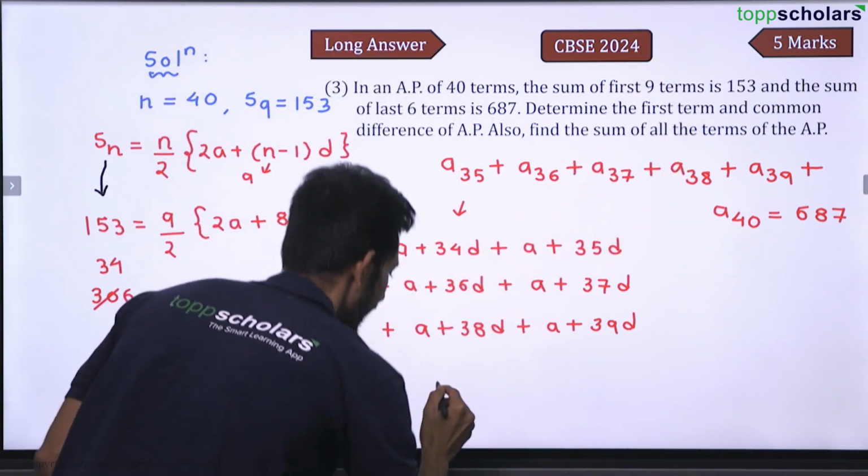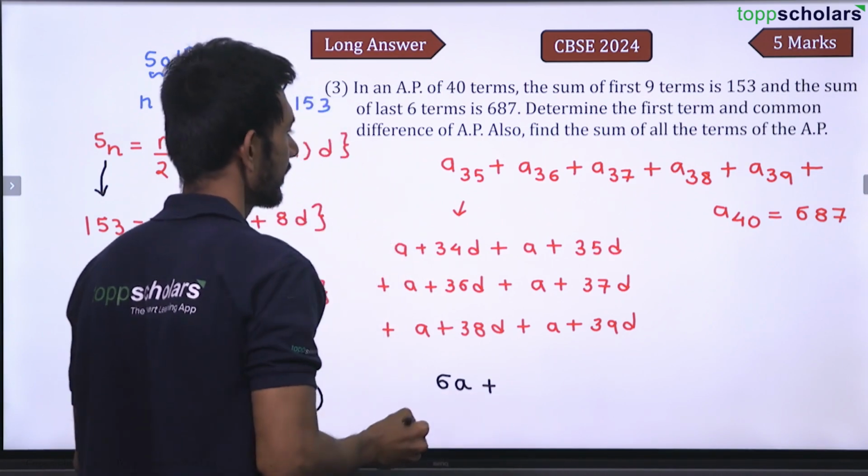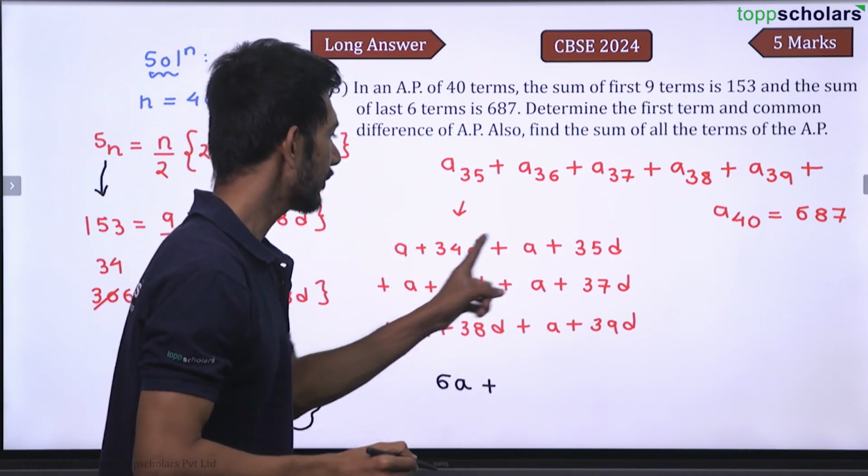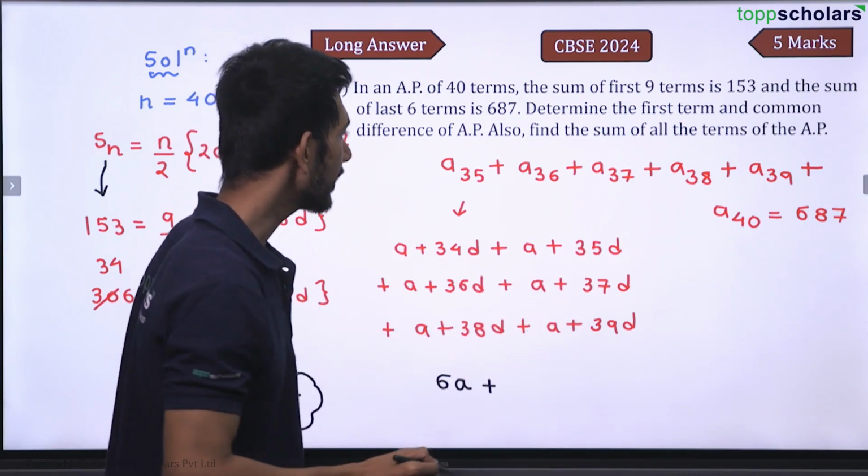How many times a? So can I say this becomes 6a plus, what do we need to add? 34 plus 35 plus 36 plus 37 plus 38 plus 39, right?